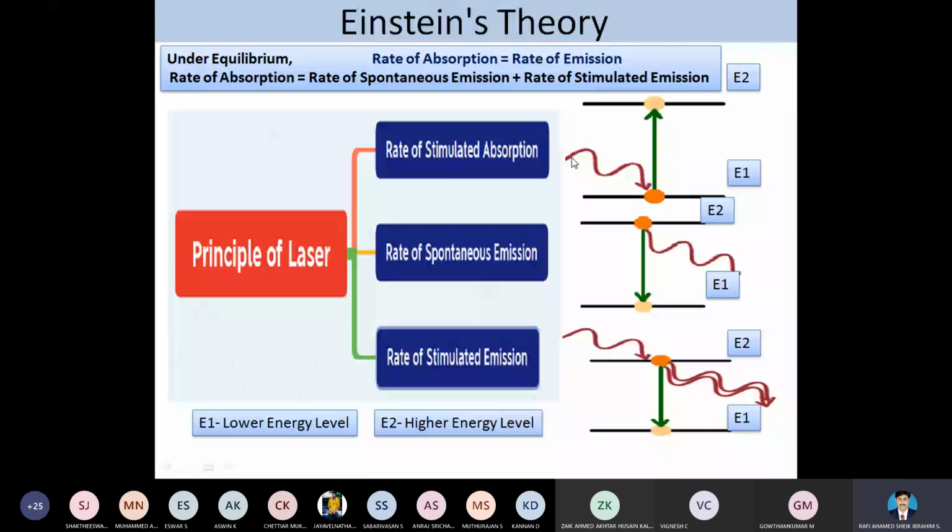Initially the atom is in the lower state. We are applying the energy. The energy is gained by this atom. After acquiring the maximum amount of energy, the atom in the ground state goes to the higher state. The process is called rate of stimulated absorption.